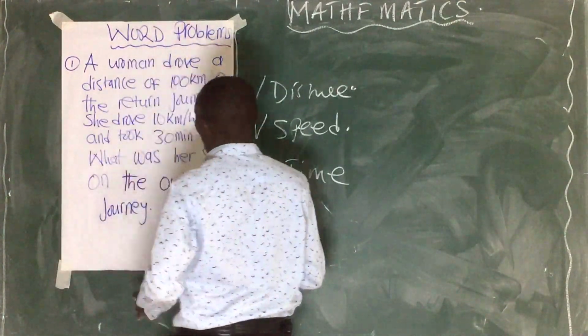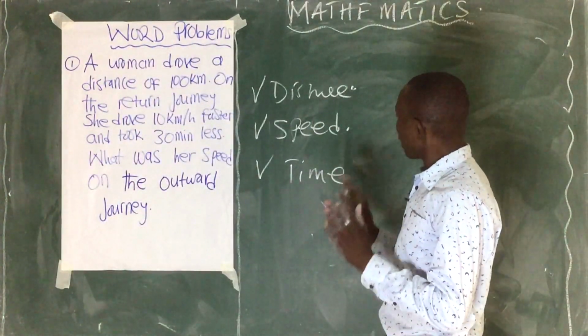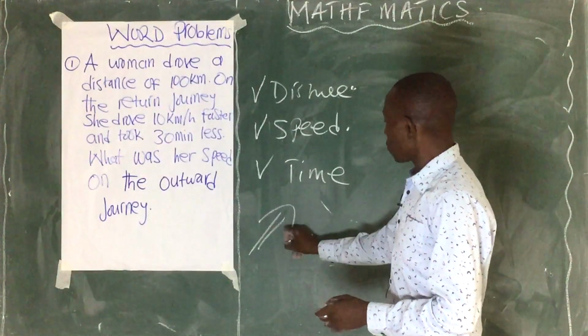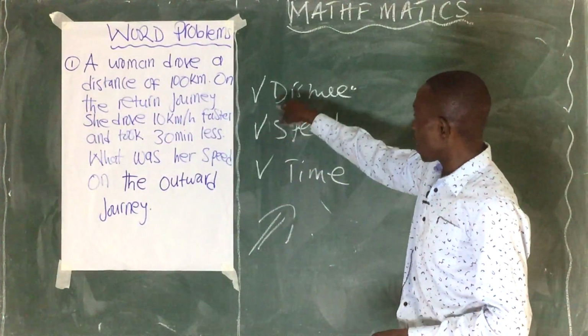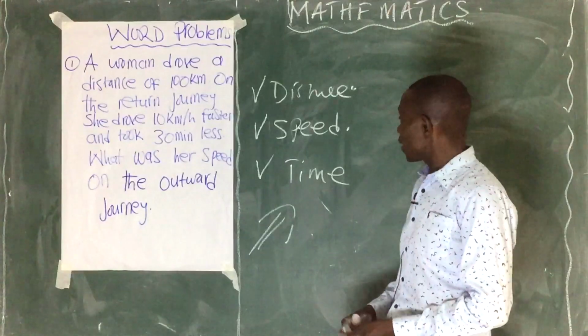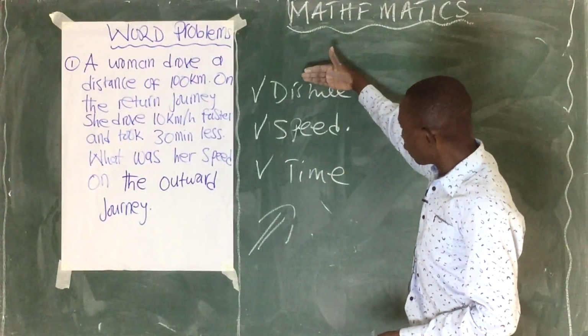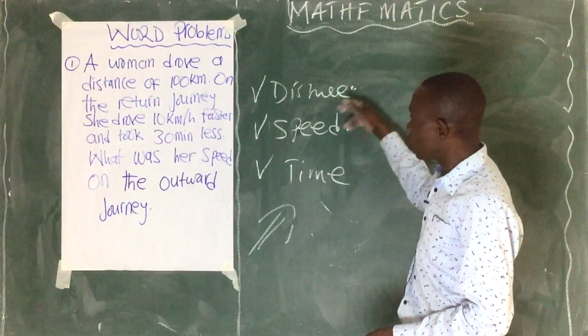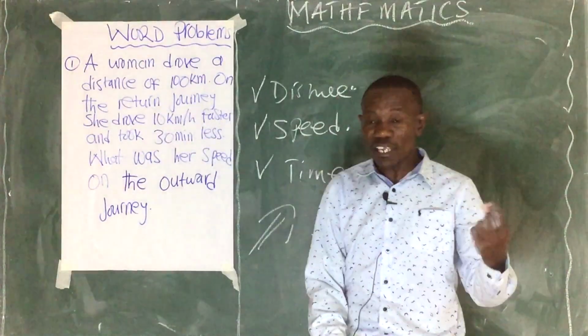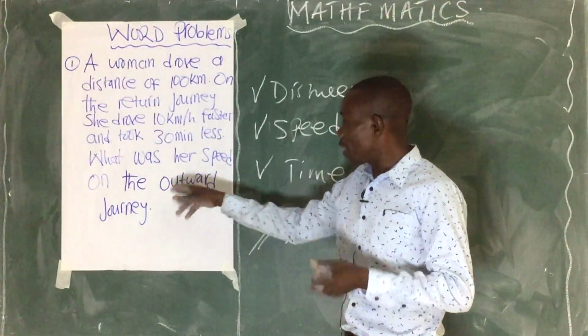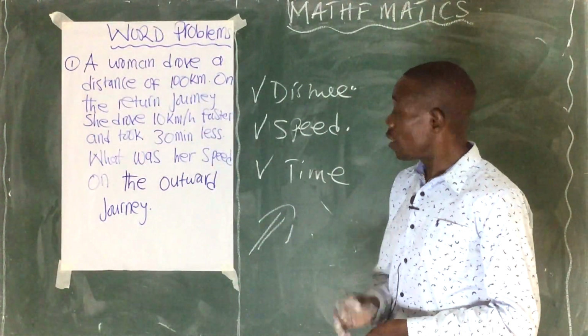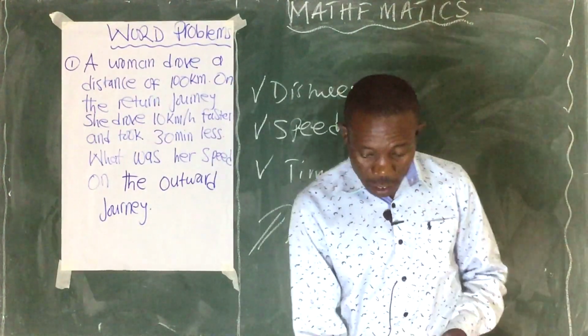So this can be worked by analyzing principles attached to time, speed, and distance. How do we involve distance, speed, and time, the three quantities, in this problem to such an extent that we can have the value of the speed on the outward journey? Look at this.